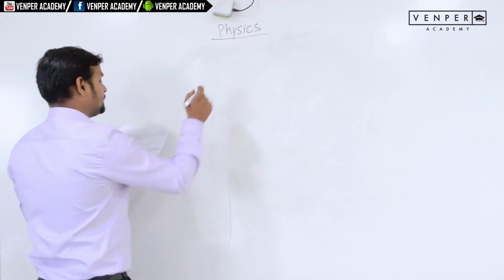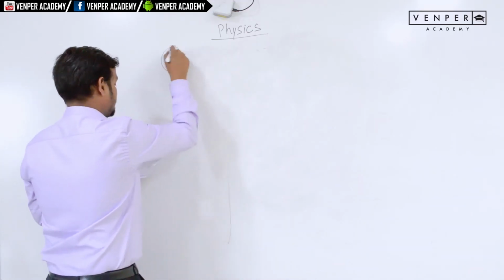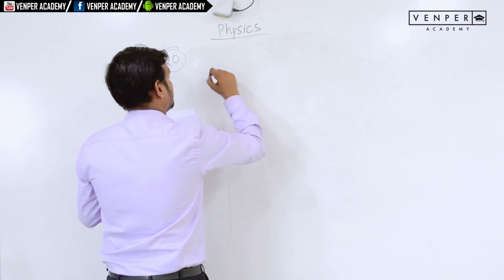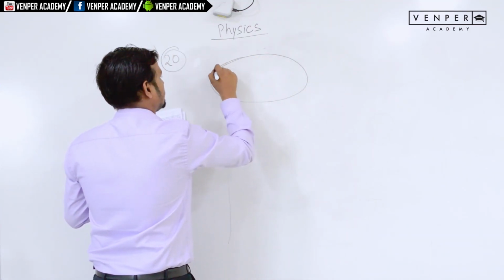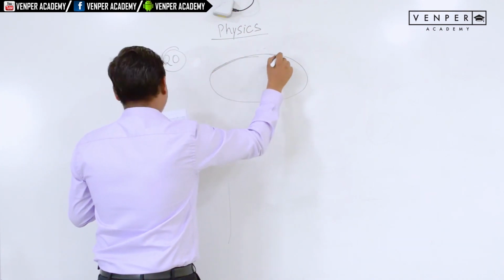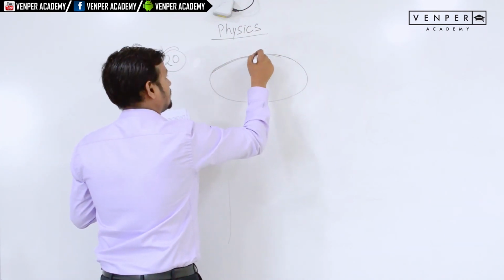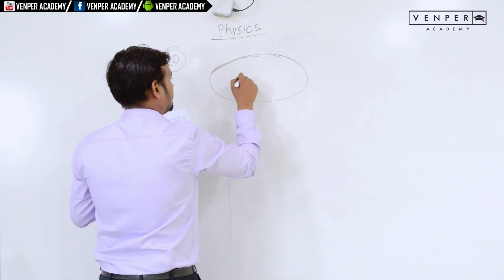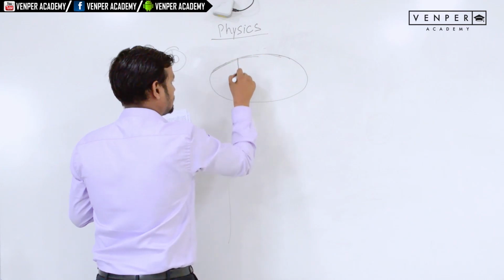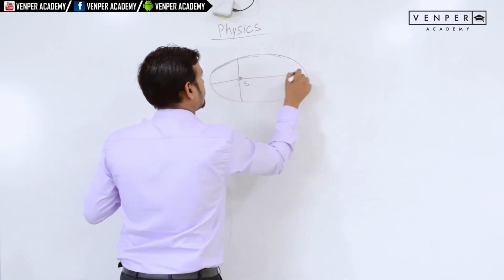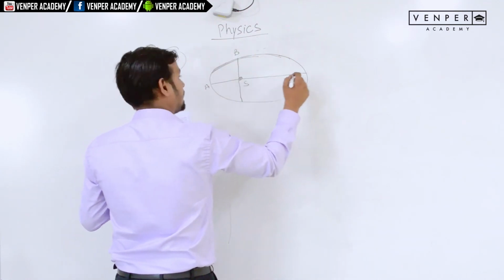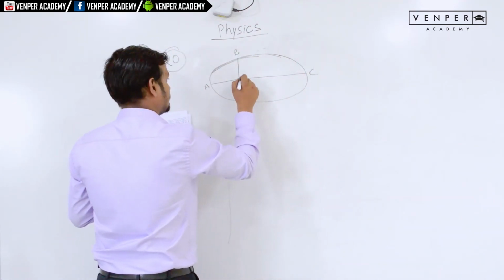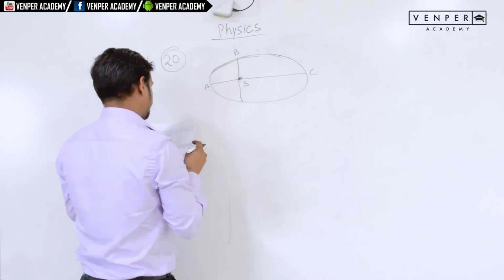Okay, see here in this question number 20, a planet is moving in an elliptical orbit, and this is your sun S, with A, B and C given.